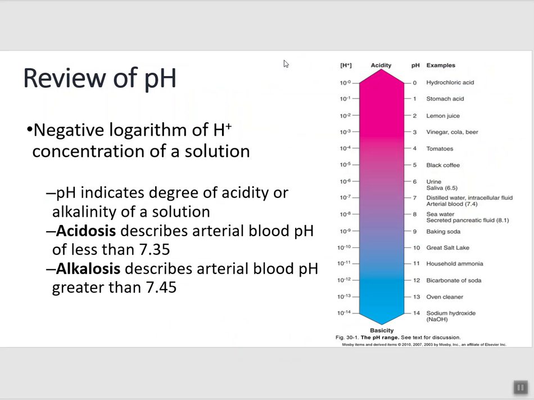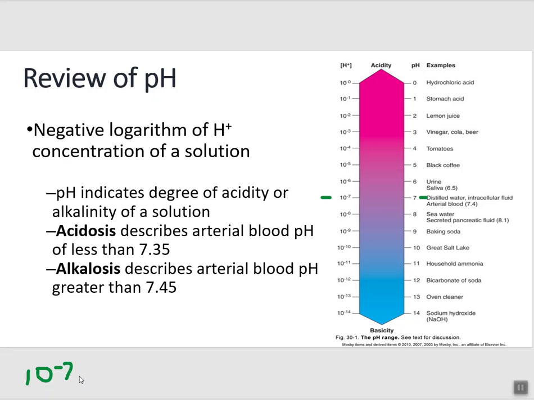Okay, now it's time to talk about this. Turns out that pH is the negative logarithm of the hydrogen ion concentration of a solution. Did that go straight over your head? Okay. So a pH of 7 is completely neutral. That's like pure water. Now a pH of 7 is actually 10 to the minus 7.